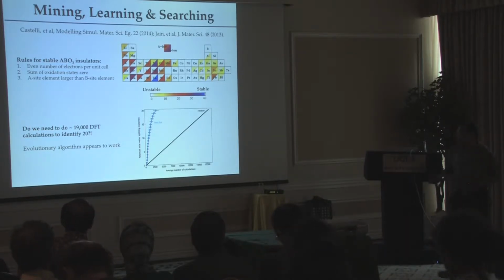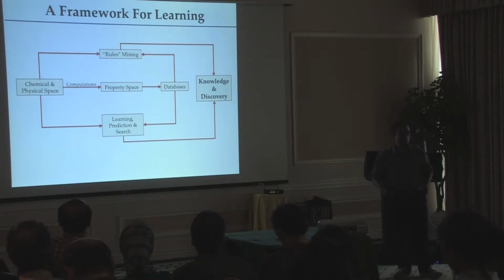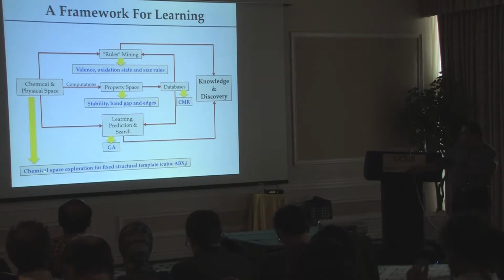Right? So this is, as I said, a pedagogical example of how the materials genome problem is being attacked. Here is the same chart I showed earlier, and here are some tags that I've added that apply to this example I just showed. The physical and chemical space that they targeted is basically that. In fact, they explored the chemical space for a fixed structural template.